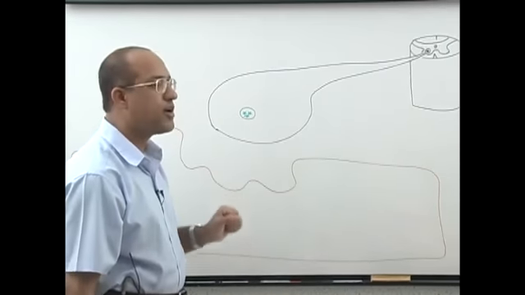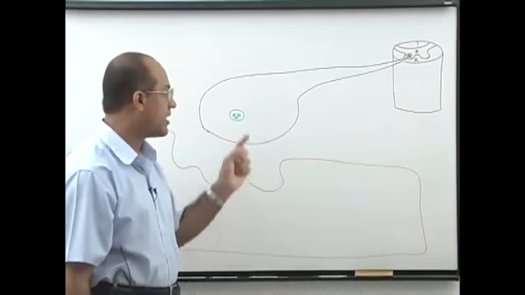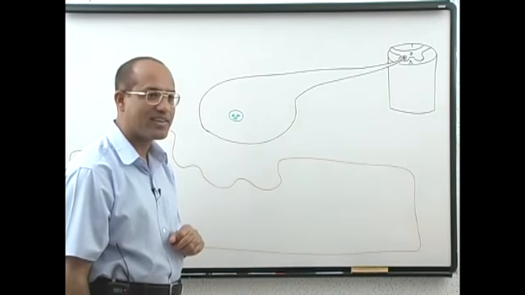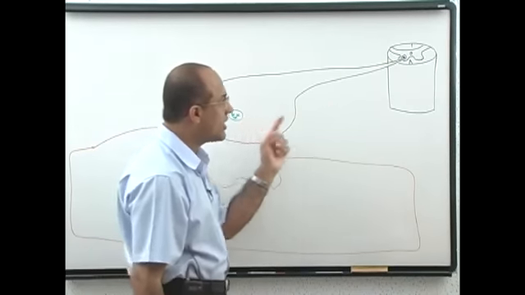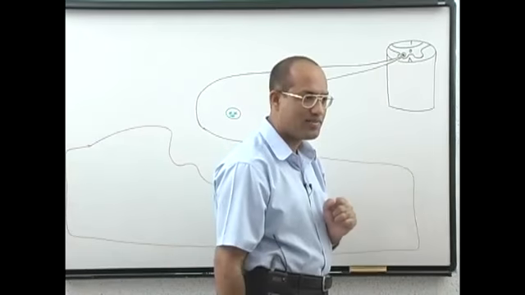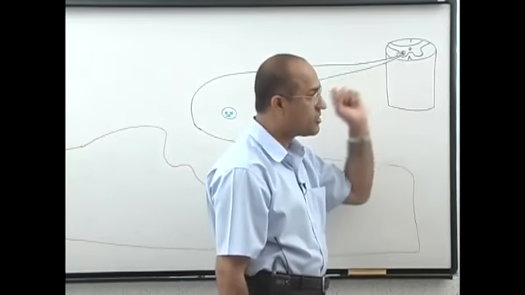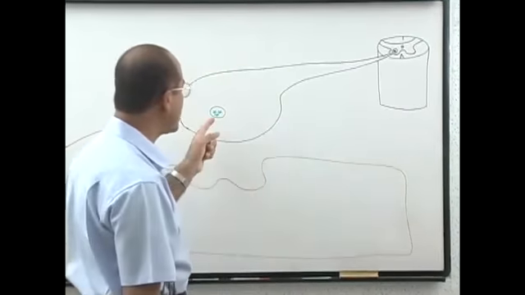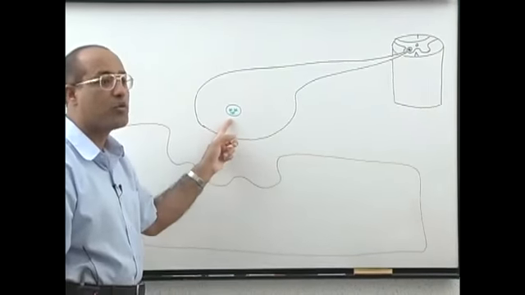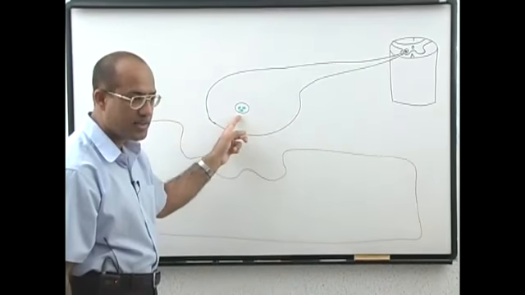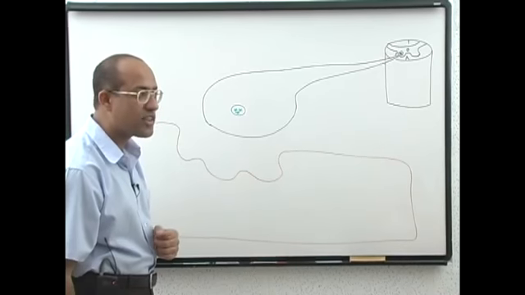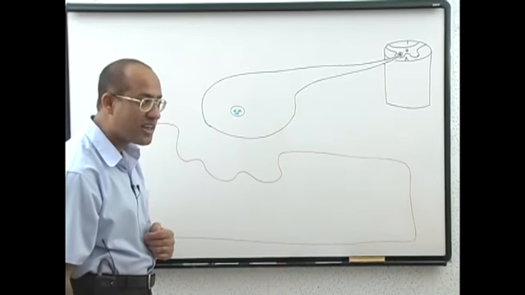These vesicles are not synthesized in the nerve ending. They are synthesized in the cell body. Why? Because these vesicles have very special proteins in their membrane, and proteins are synthesized from messenger RNA.